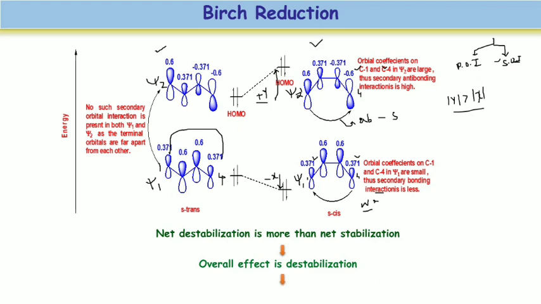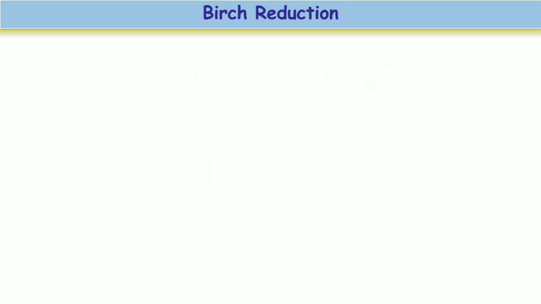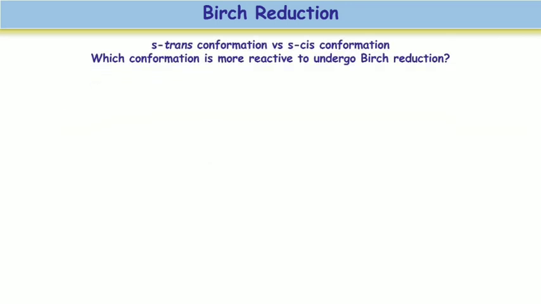So the stability of S-trans conformation is more than S-cis conformation. Now the competition is between S-trans and S-cis conformations. So the question is, which conformation is more reactive to undergo Birch reduction, right?